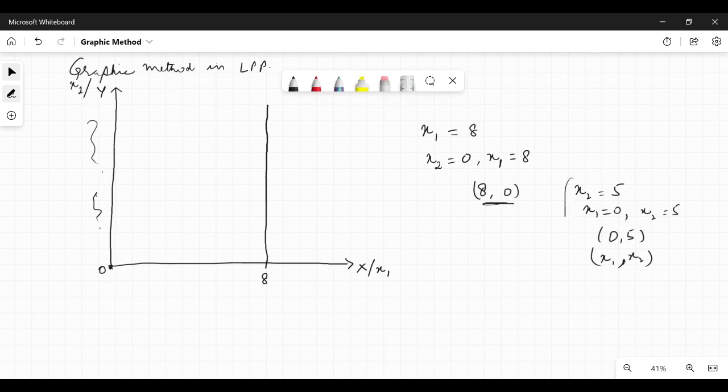But in this case, when x2 is equals to 5, means we have a point on this side. Let's suppose this is point 1, 2, 3, 4 and 5. So it means that point 5 lies here, but we don't have any point on x1 axis. So this shows that we make a straight line from point 5 which is parallel to the x1 axis, right?